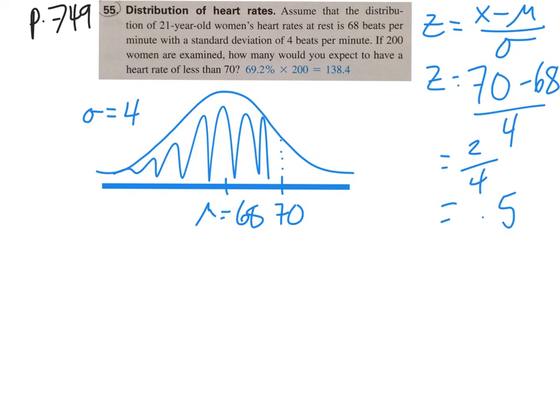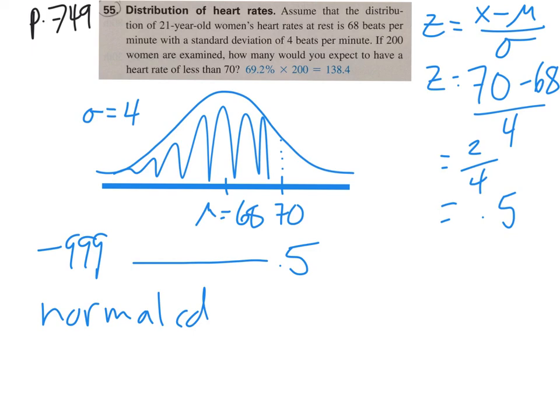So good. So now, if we look at the normal distribution, we're going to be looking at the range. Let's think of the z-scores over here. So it'd be negative 999 over here, all the way up to 0.5 as a z-score, right? Because the mean would be 0 and 70 would be 0.5. So if we go to normal CDF, we're going to plug in negative 999, comma, 0.5.